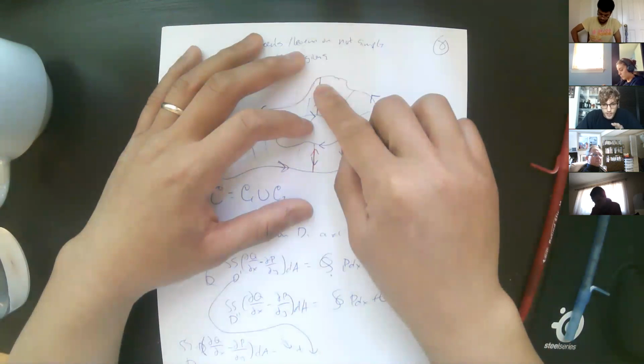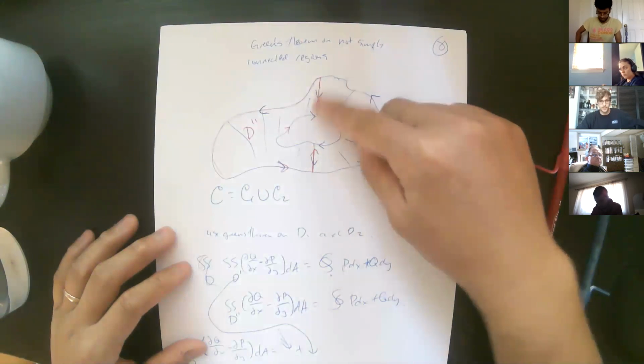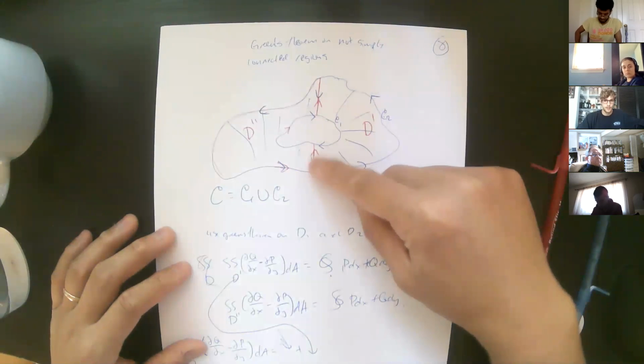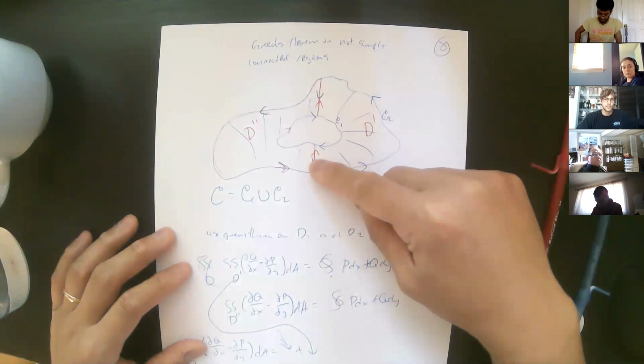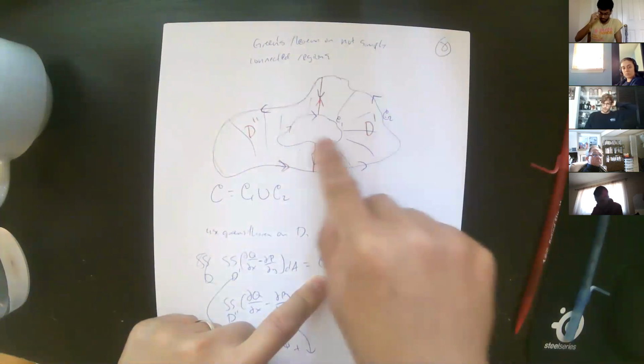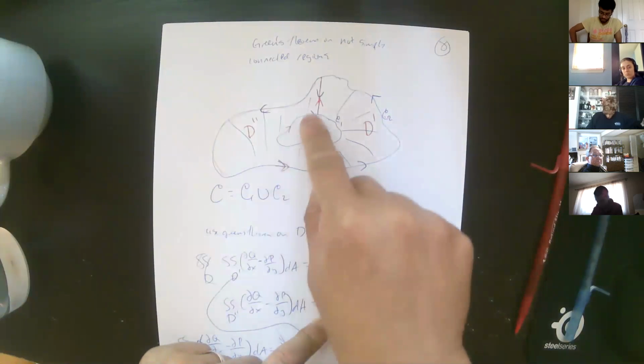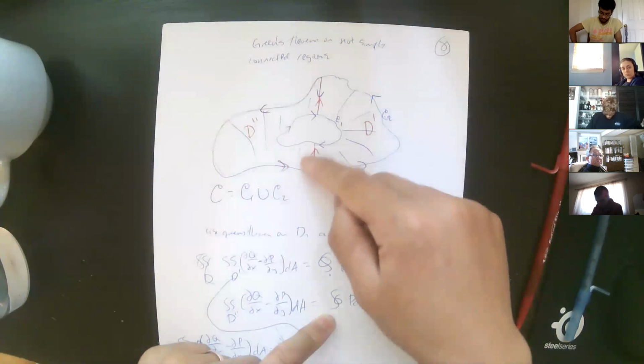They should cancel out, just like we did before. They are equal to each other, but opposite in direction. So this part disappears, and this part disappears. When we add this curve to this curve, the middle stuff disappears.